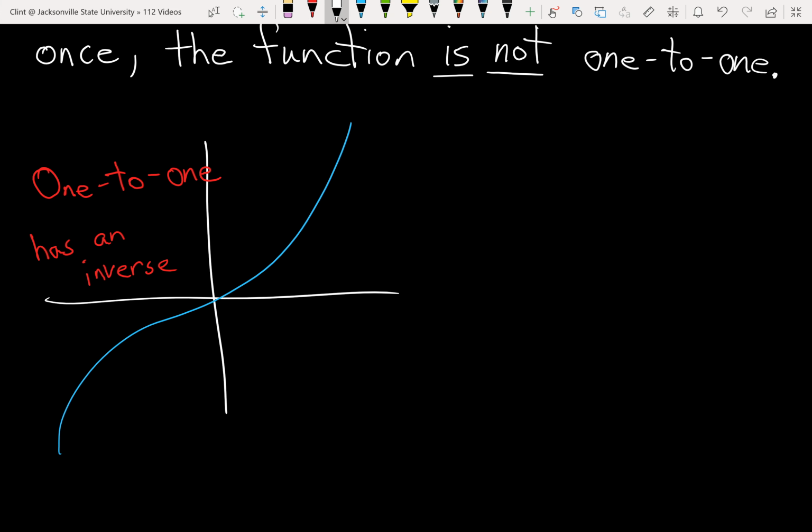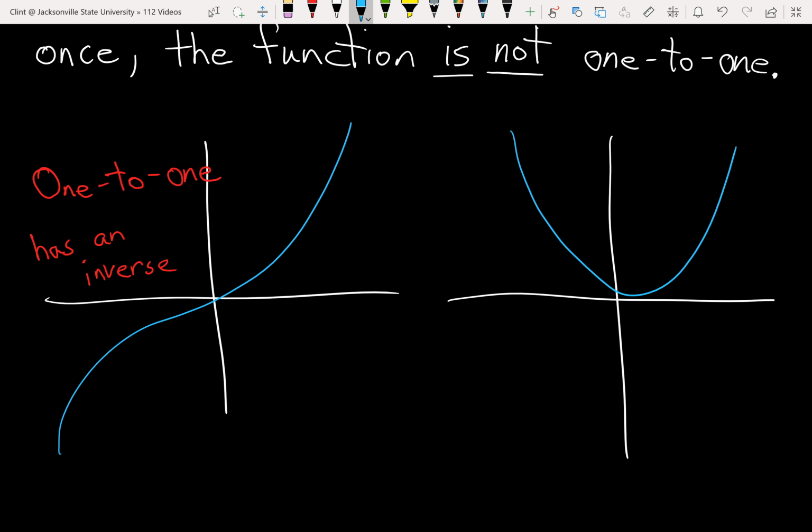Let's look at another function. What about this one? Something that looks like x squared. If we draw a horizontal line in right here, or a bunch of other places we could have chosen, for sure if we draw one right here, it's going to touch our graph more than once.